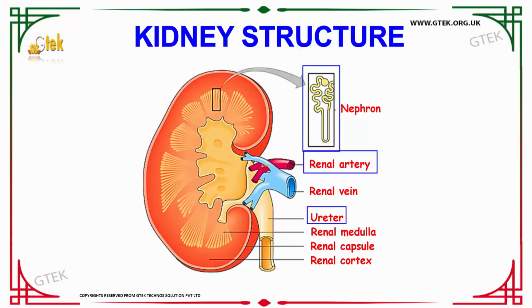Once the blood is filtered, then the filtered blood is sent through the renal vein, and the impurities that are filtered in your nephron are sent to the ureter, which is leading to the urinary bladder.